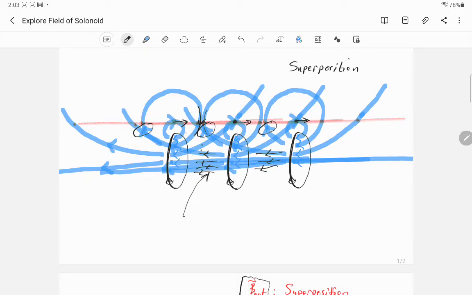So all the leftward field and all the rightward field are going to sort of destructively superpose. And it works out exactly that the magnetic field on the outside is just going to add to 0 everywhere, including this position, this position, this position, no matter where you go out in space, over here, over there.